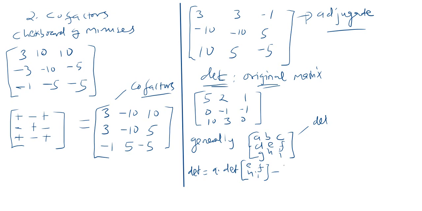Then we take B multiplied by the determinant of its minor, where we ignore its column and row, giving D, F, G, I. Then we add C multiplied by the determinant of its minor, which is D, E, G, H. So you have to note this minus and this plus.